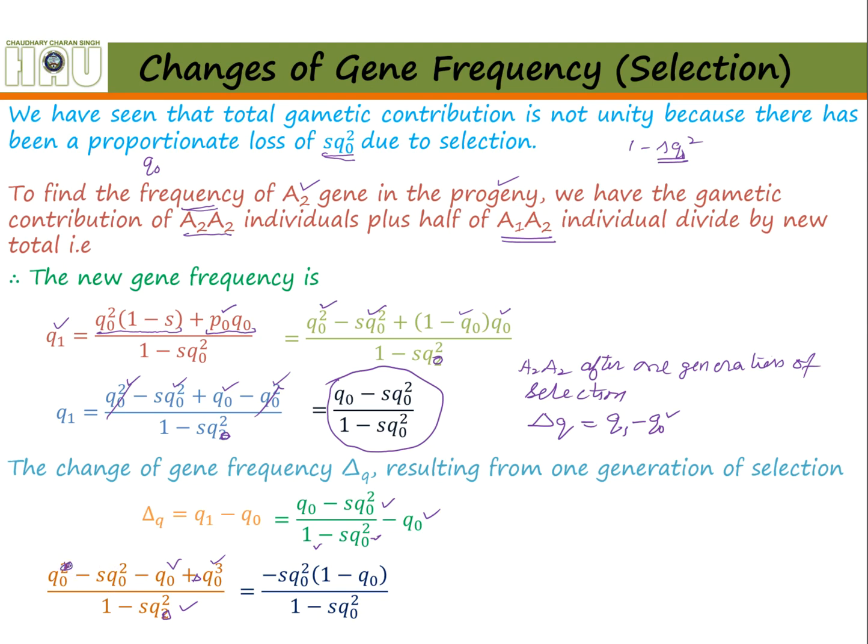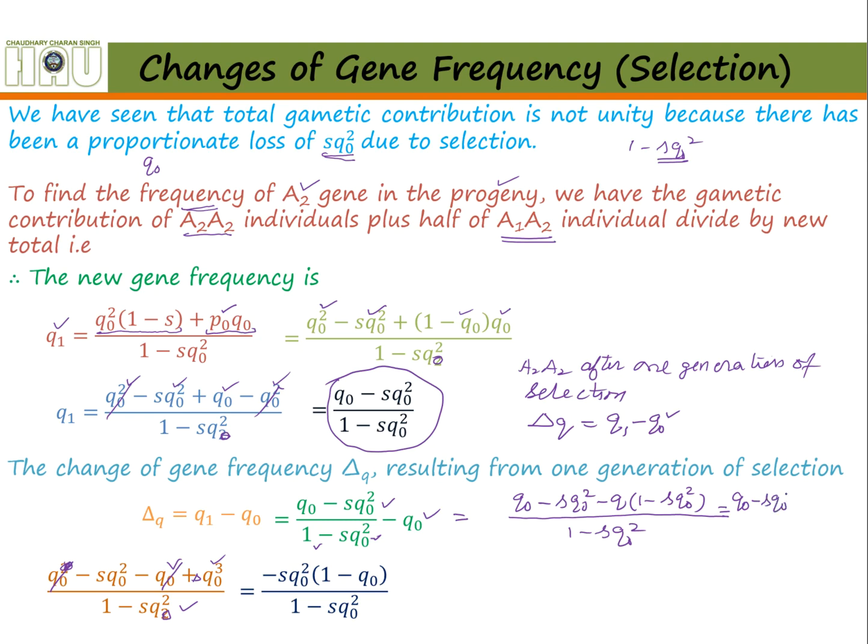this is again wrong here. It is Q0. So this Q0 cancels with this. We are left with, I will just do it by hand. From this relation, if I take the LCM 1 minus SQ0 square, this is Q0 minus SQ0 square minus Q0 times 1 minus SQ0 square.